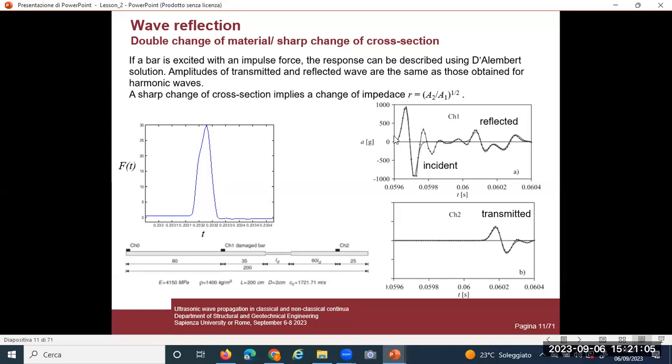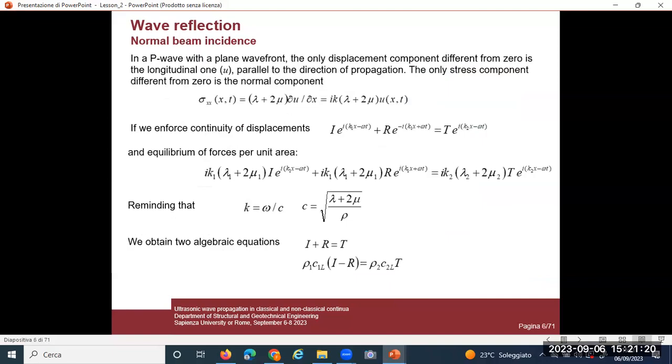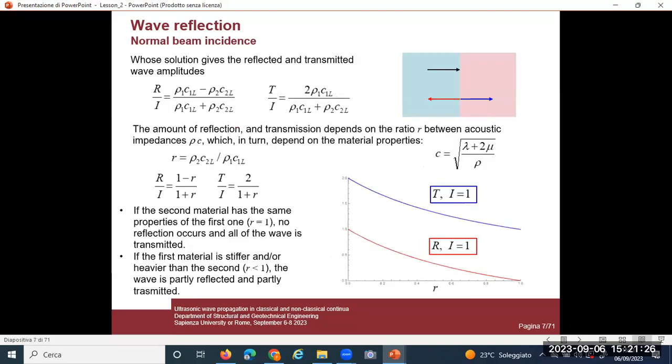This D'Alembert solution holds also, since everything is linear, for superposition of solutions. Therefore, this consideration not only holds for harmonic waves, but also for other shapes of the solution.